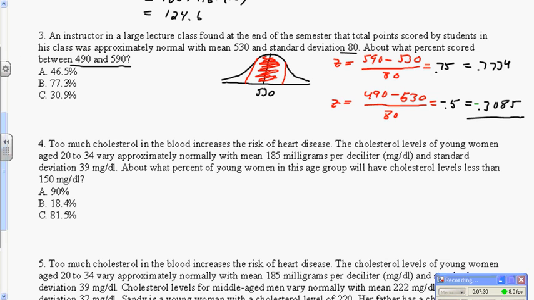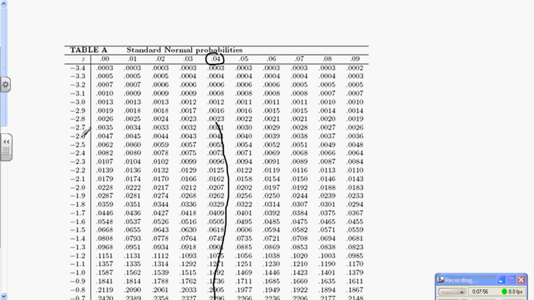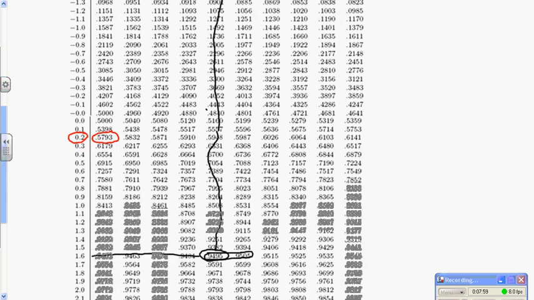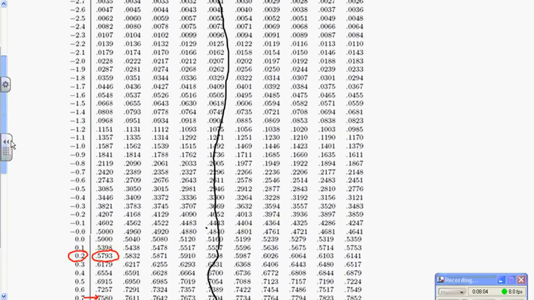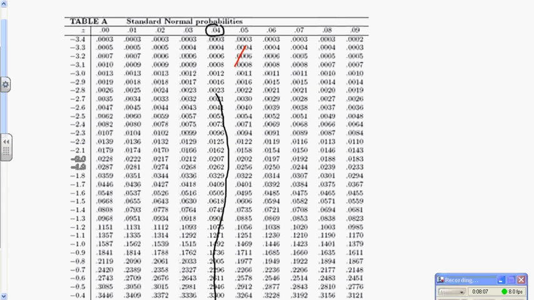So here is 0.7734 all over here, and the 0.3085 is down here. We're going to subtract the two and we will get the area in between. Just to clarify, how did I get that? Well, a z of 0.75 would take me right here. 0.7 going inward, and 0.75 would be this row down, that's the second decimal place.